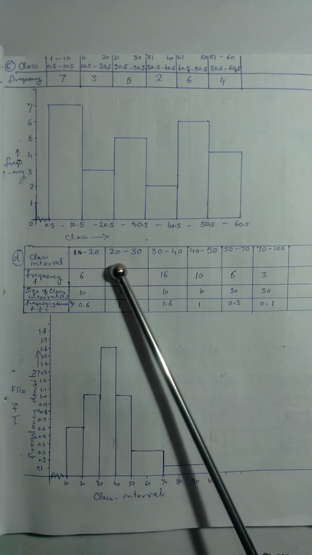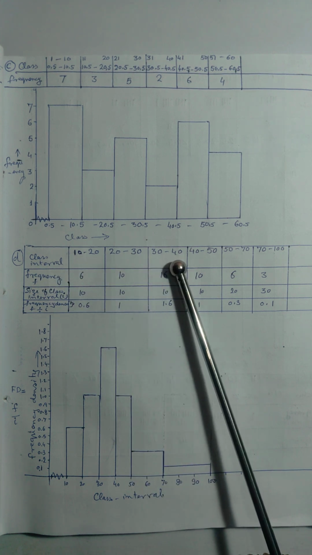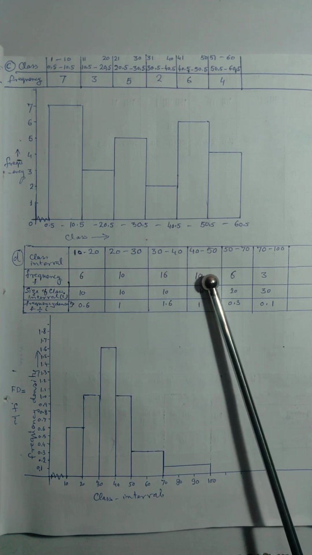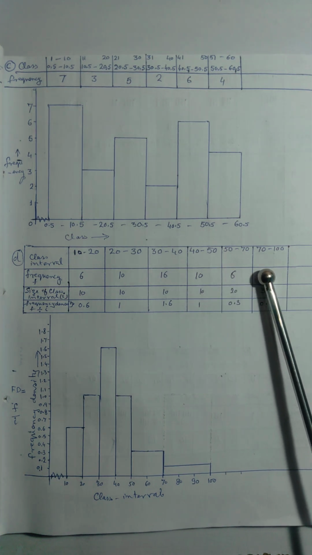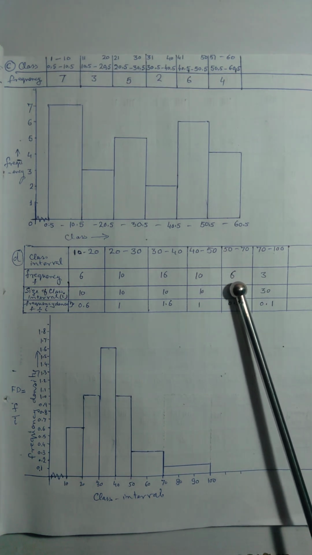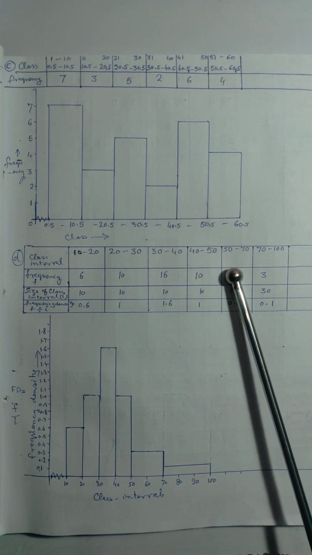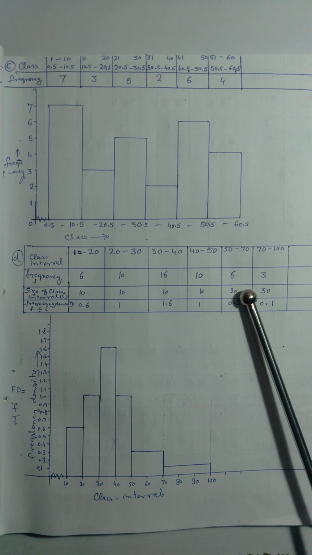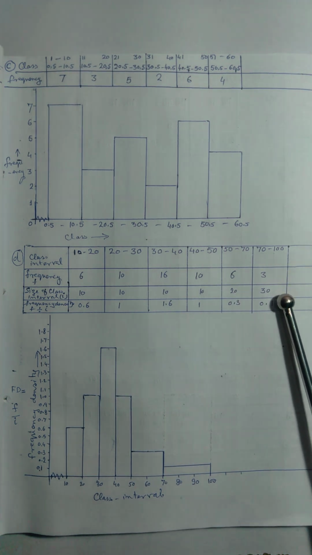So the class interval is not uniform. In the beginning, four classes have a class interval of 10, whereas the last two differ. The fifth has a class interval of 20, and the sixth, 70 to 100, is 30.